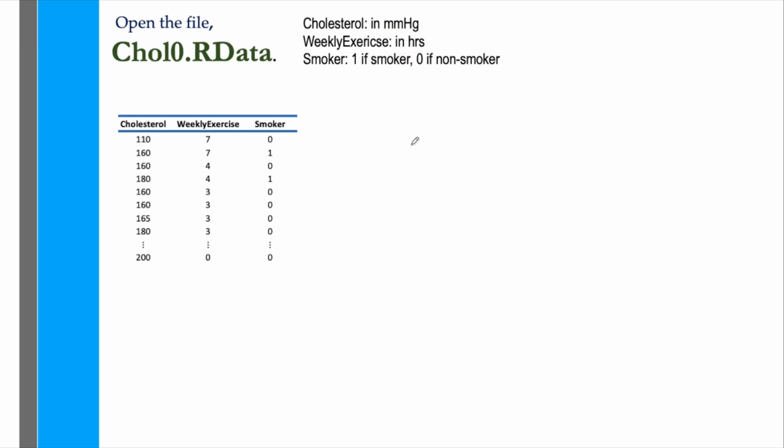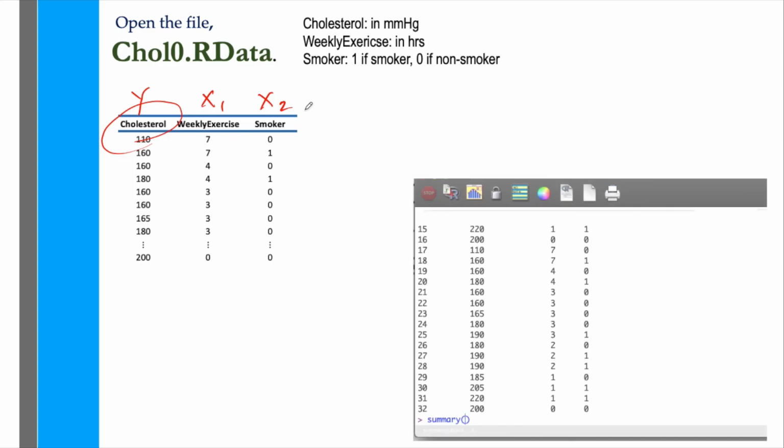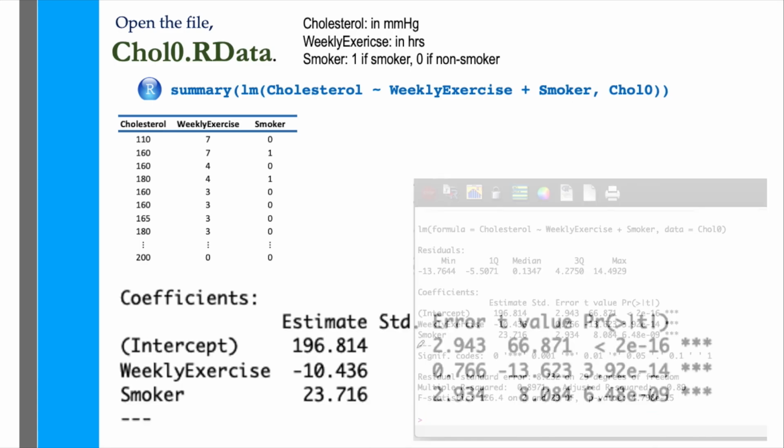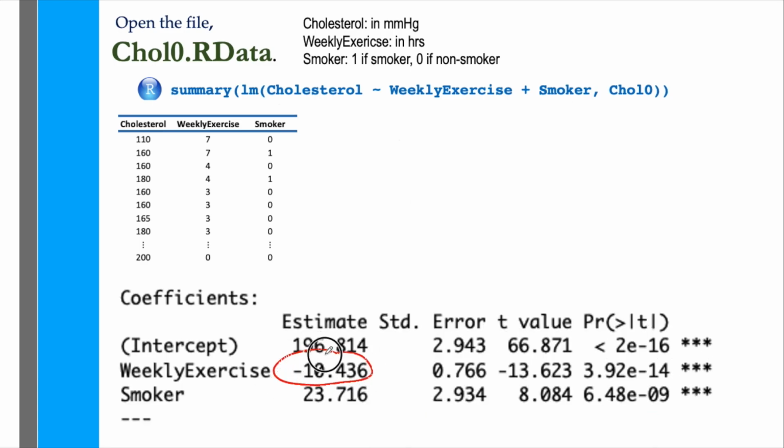Now what we want to do here is to build a regression model which will predict cholesterol. In this case, this is your Y and these are your X. Now, to do the regression model, all we have to do is to use this code. How do we interpret weekly exercise of negative 10.436?